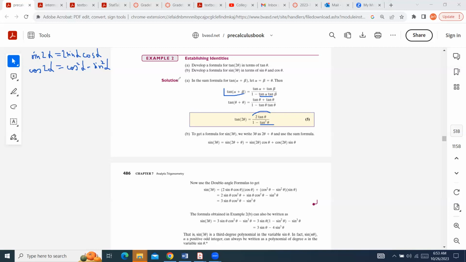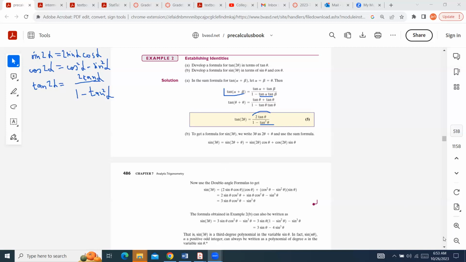That's another straightforward formula that comes right out of the tangent of sums, and we don't have to remember it, but just be aware that if you have a double angle, you can always turn it into a single angle identity.